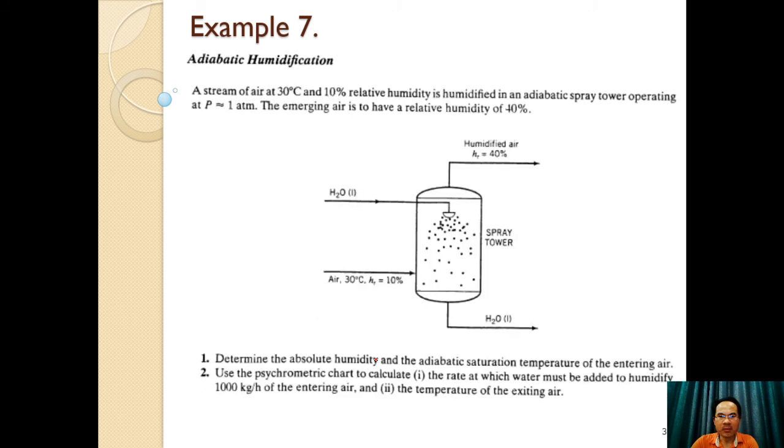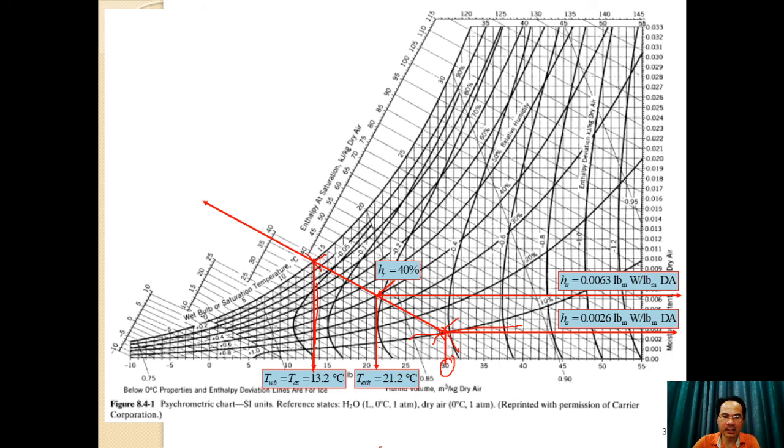For the output humid air at 40% relative humidity, you can operate right at 40% because the 40% line crosses at this point, and then you can drag the vertical line to reach the dew point. The dew point should be 21.2 degrees Celsius.